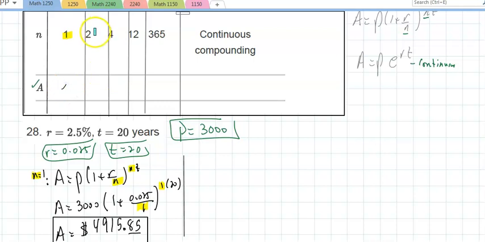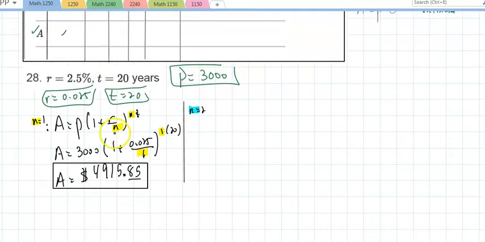If we go for n equal 2, do you notice that nothing changes except that yellow part? So doesn't A equal 3,000, same, 1 plus 0.025? Wouldn't the only thing that will change, instead of that being 1, now n equal 2, that means semi?